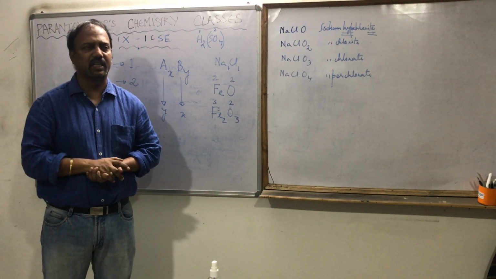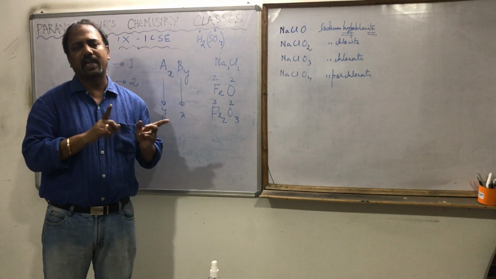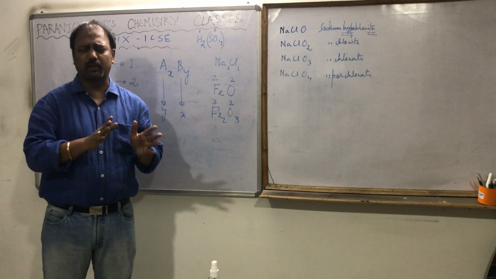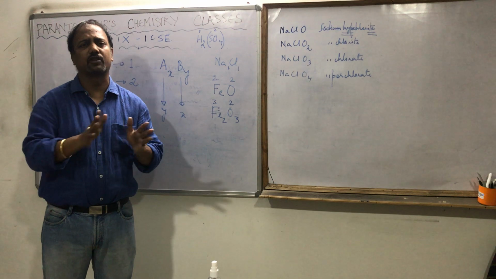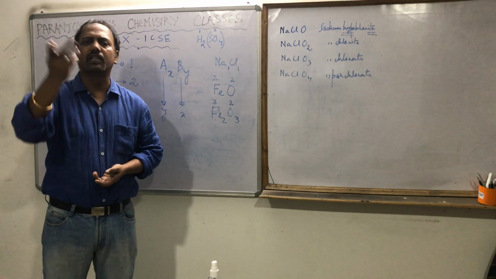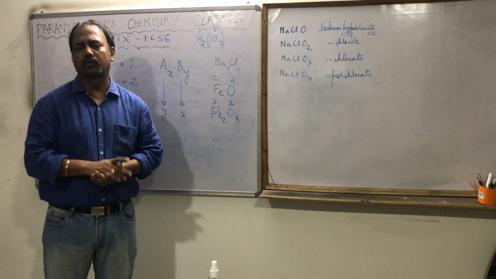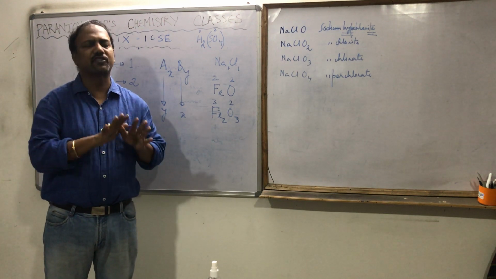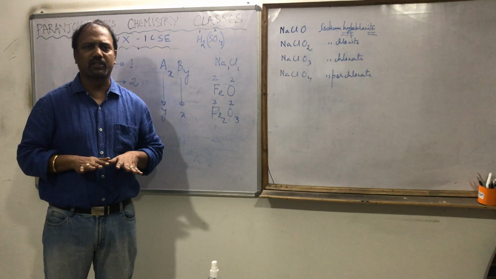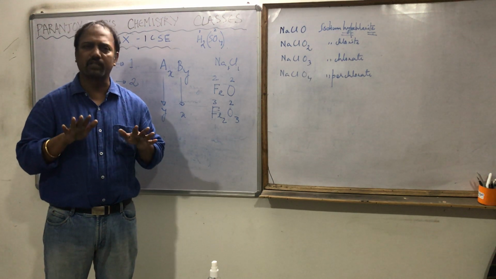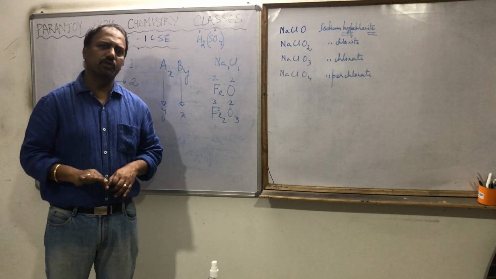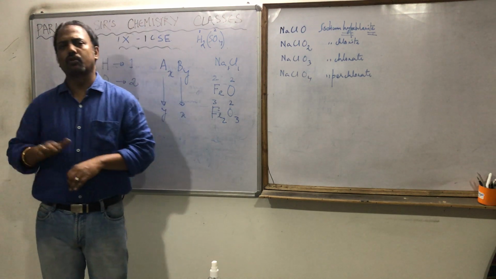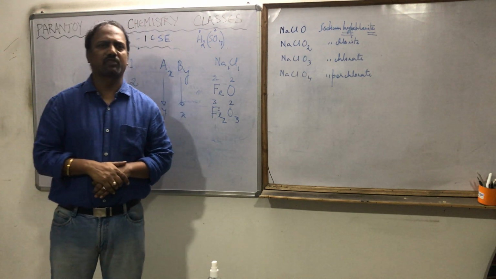Open the table and solve the questions three times. Automatically those things will be remembered. Don't try to mug up first. First read the tables nicely. Understand the table. If any doubt is there, you ask me. First do that and then go to the first exercise of your book.